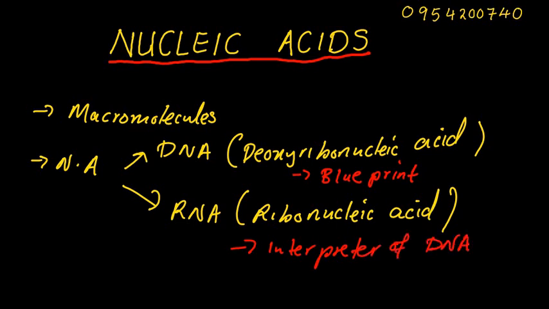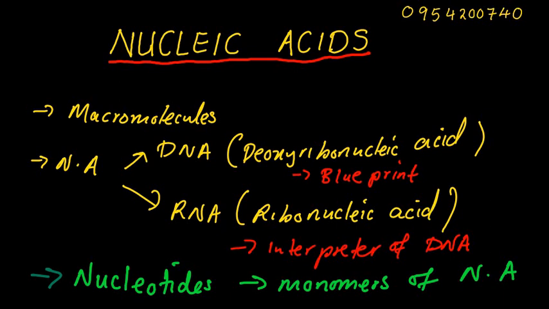At the core of it all, whenever we are discussing nucleic acids or any type of biomolecule we're interested in, we always start by looking at the monomer, the smallest unit that makes up the molecule. In this case, we're going to start with the structure of nucleic acids, and to do that we need to study the monomers that make them up, which are called nucleotides.